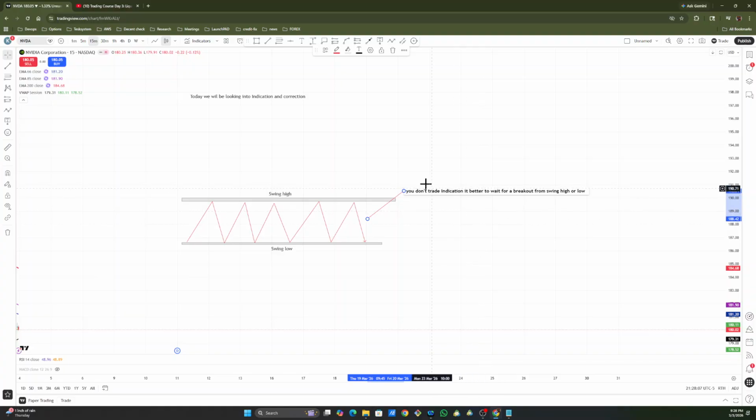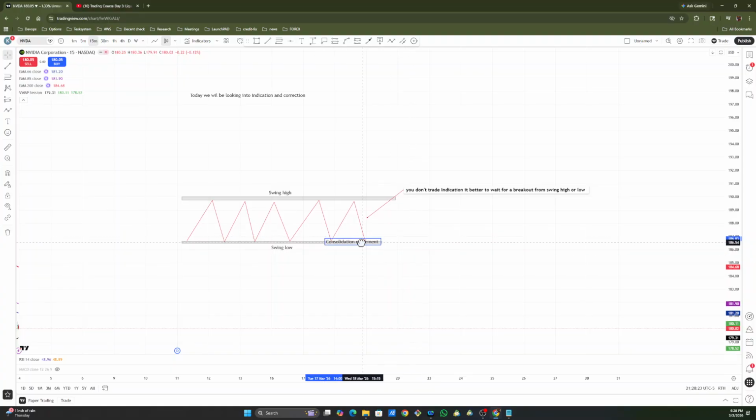When the market keeps going sideways, this is consolidation. It's not moving up, it's not moving down.